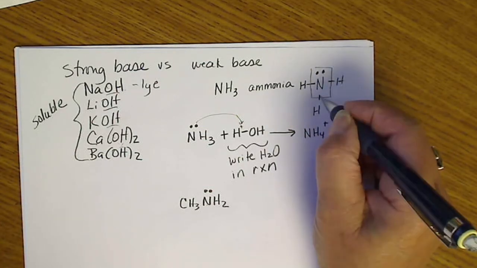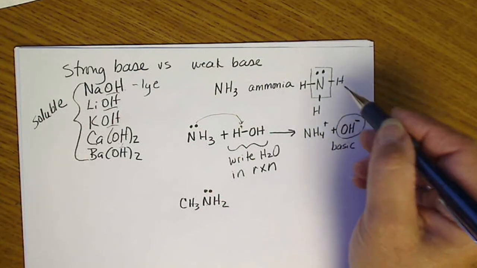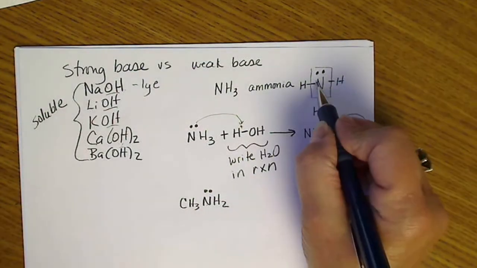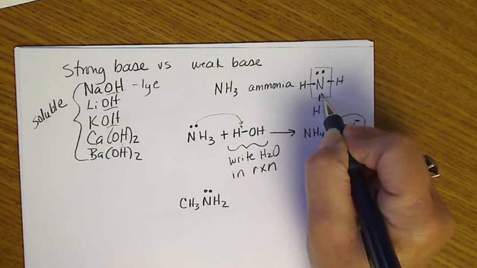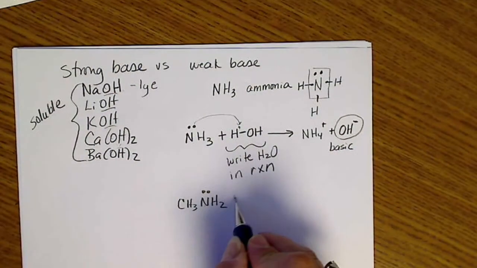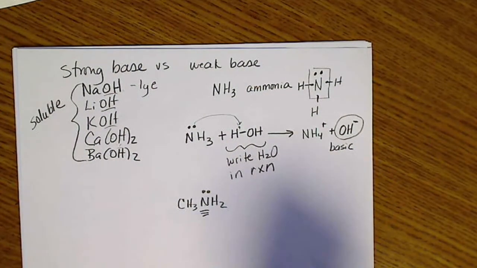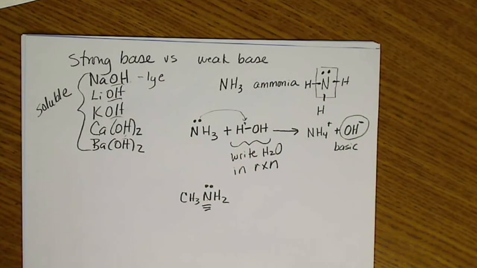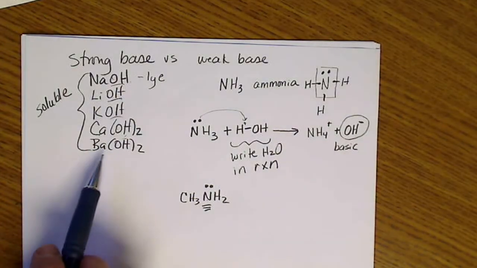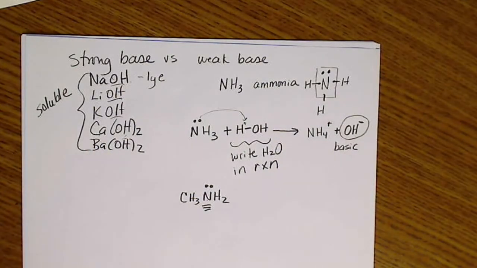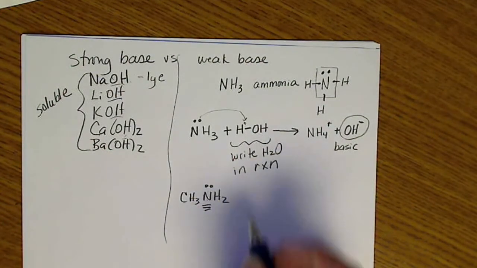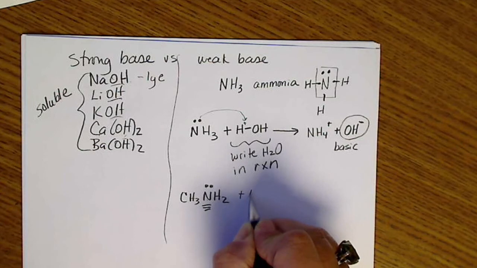So nitrogen's very happy to have 2 lone pairs and 3 bonds to it. So looking for an N in the formula is going to be something that we're going to want to do if we're not working with a strong base. We want to recognize a base. This would also react with water.